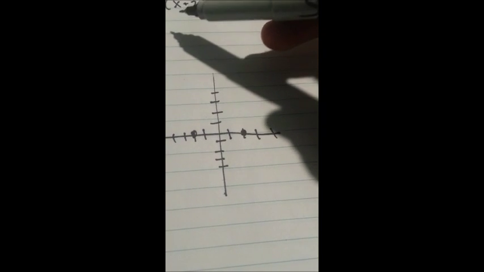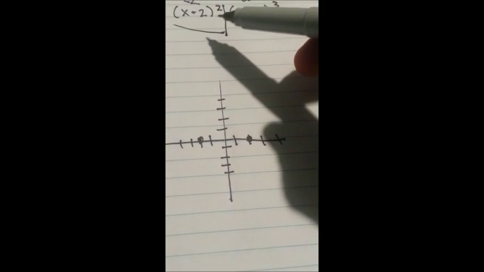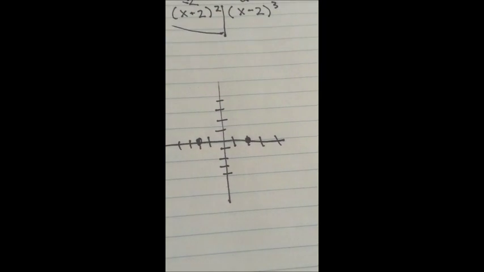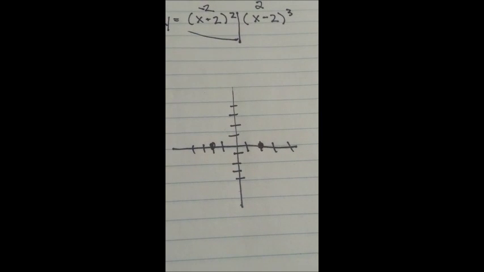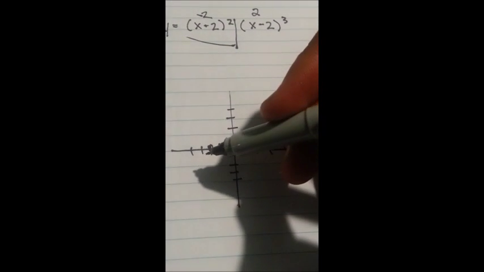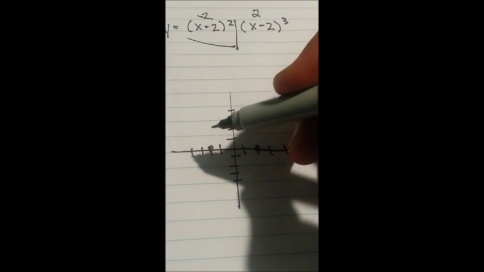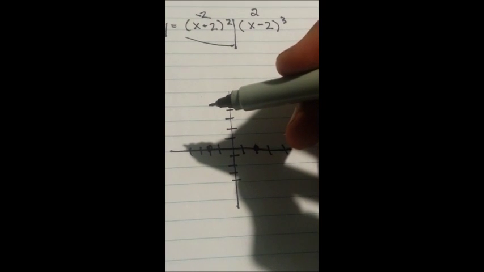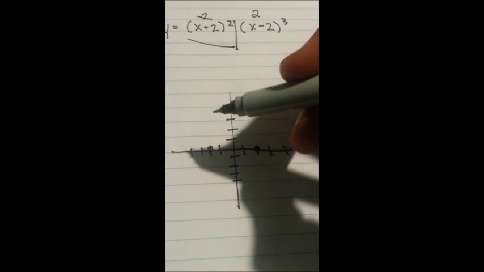As you can see here, this part of the equation is tangent. And since A and B are positive, that means the graph is going to go in order of right to left.